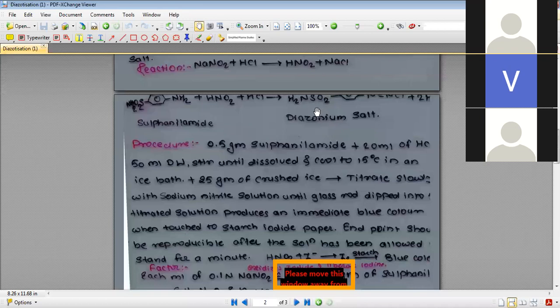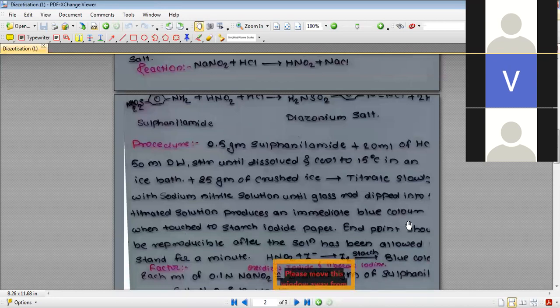For indicating, we dip a glass rod into the contents in the conical flask and put the contents dropwise onto the starch paper until the starch paper changes color to blue.